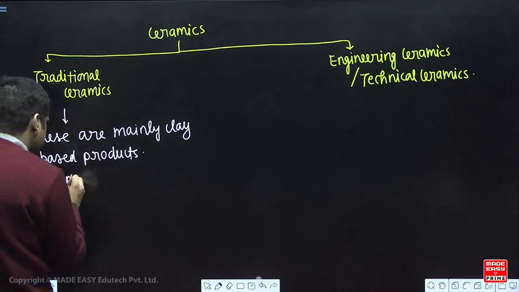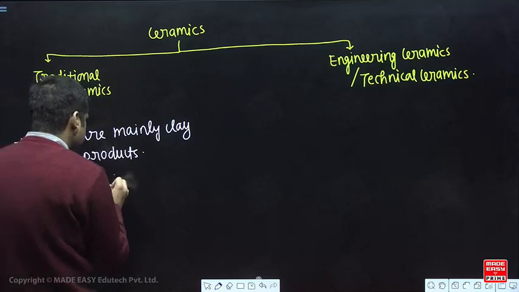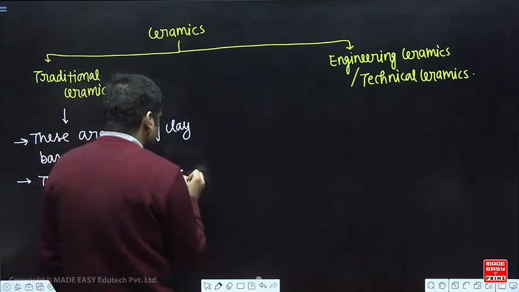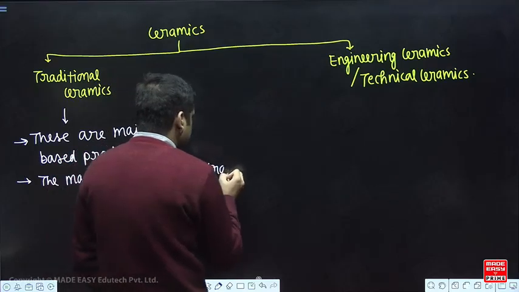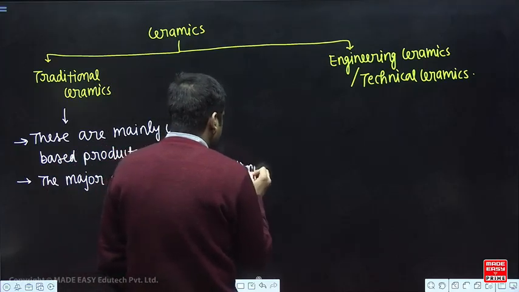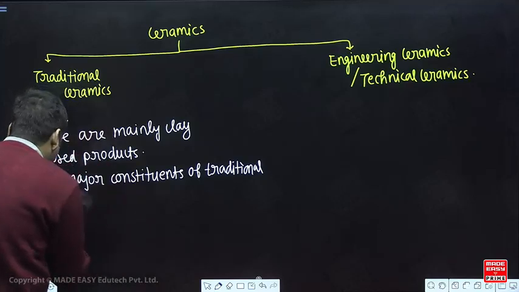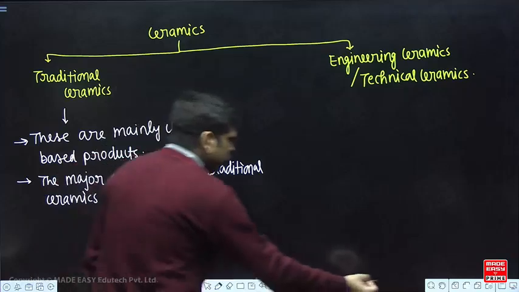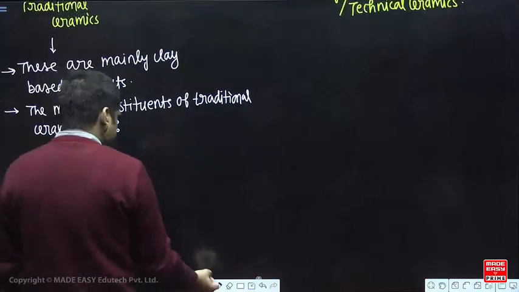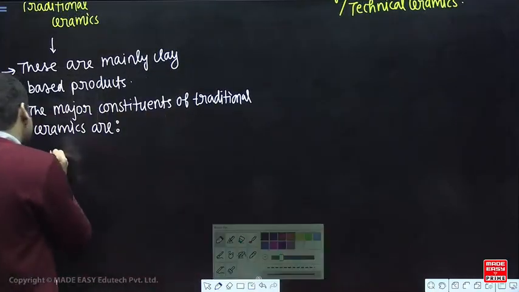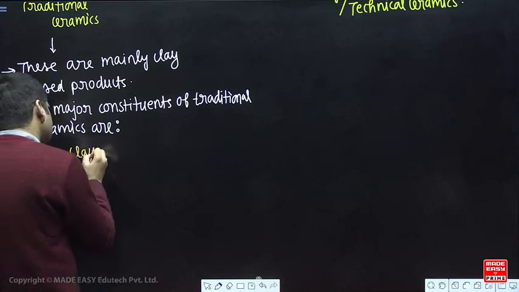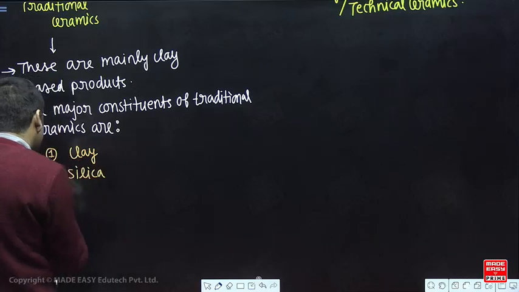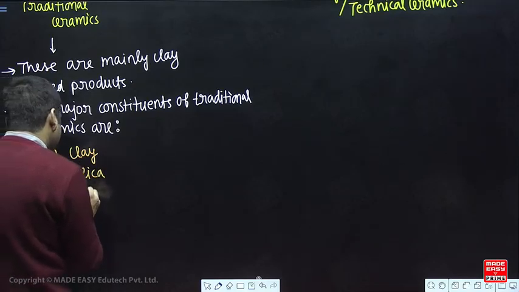The major constituents of traditional ceramics are, first is clay, second silica, third feldspar.